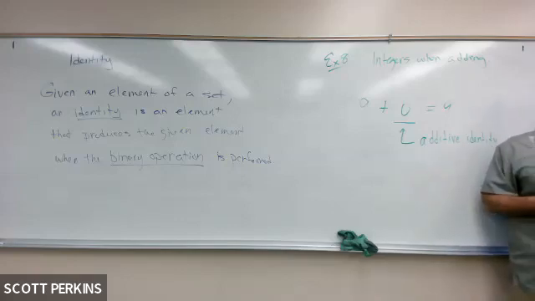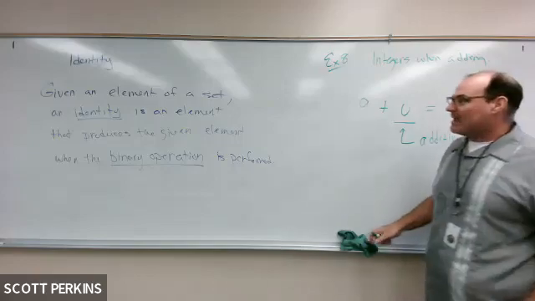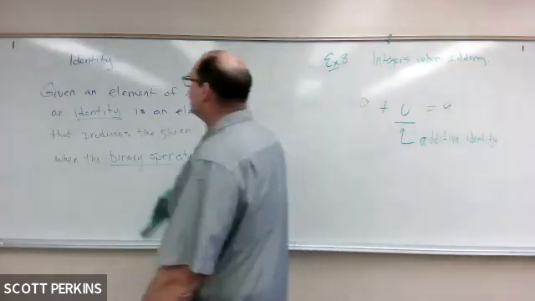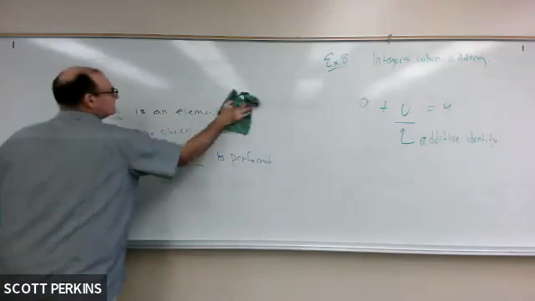Okay, example 9. I'm going to give you 60 seconds. It says, what is the identity for integers under multiplication? So just take a moment and make a hypothesis. What element will always produce the given element when you multiply?